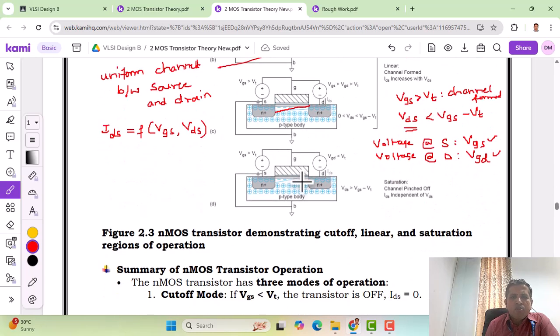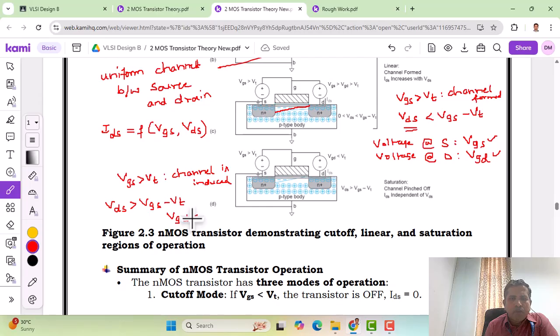Lastly, we have the saturation mode. In saturation mode, we have VGS greater than VT, which forms a channel. The channel is formed or induced, but VDS now is very large, and here VGD will be less than VT.